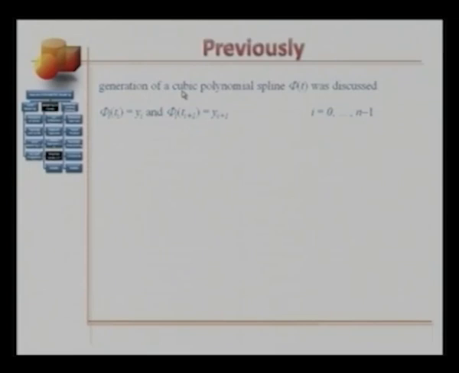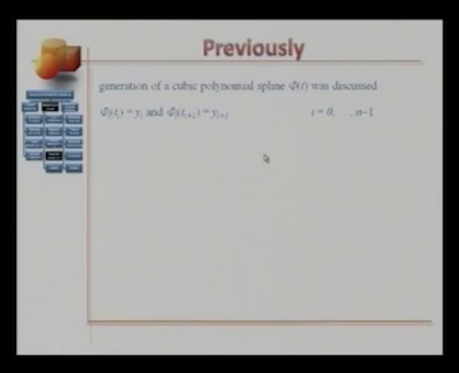And to construct cubic polynomial splines, we had the vertical heights of the splines at each knot. That means the pair ti and yi were available to us. The index I was going from 0 to n minus 1.